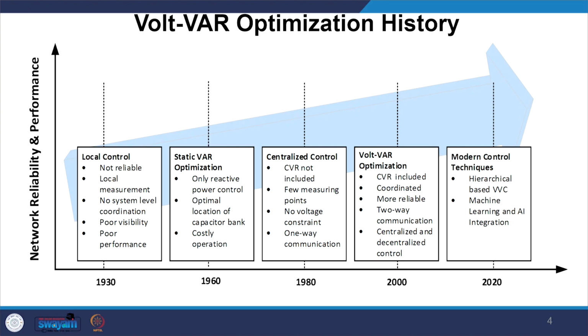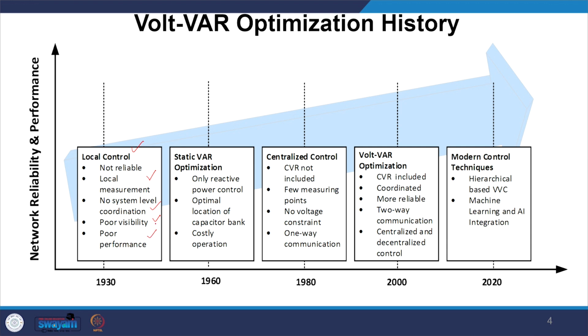Now, what is the history behind Volt-var development, with respect to research over a period of time? Starting from 1930, we had load controls, but they were not very reliable: local measurement, no system level coordination, poor visibility and poor performance.